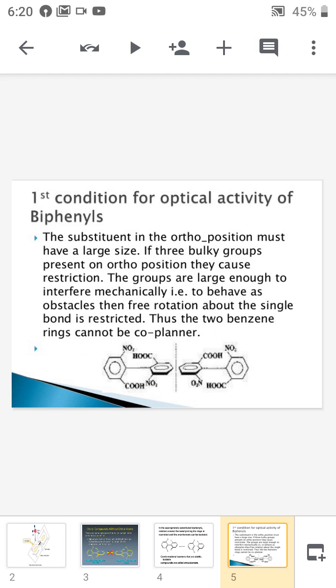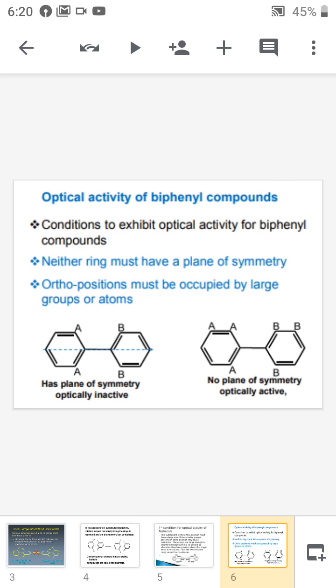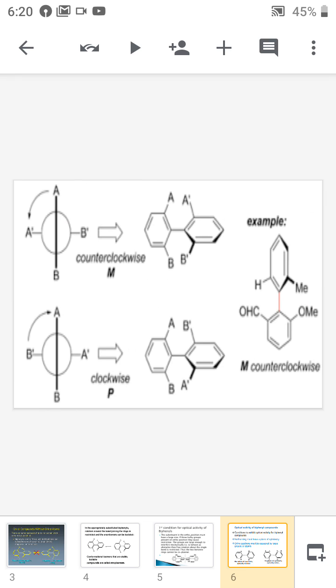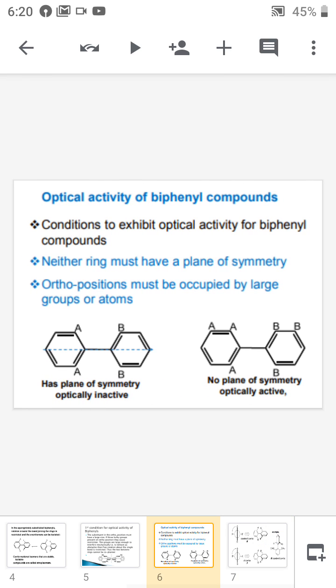Then the other method for making the diphenyl optically active is that instead of the ortho position, we can also substitute in the meta position, with the same condition that the meta positions are substituted with different groups. Then, in the first example, we can connect A and B using a chelating ligand, so the C-C sigma bond rotation is also arrested.